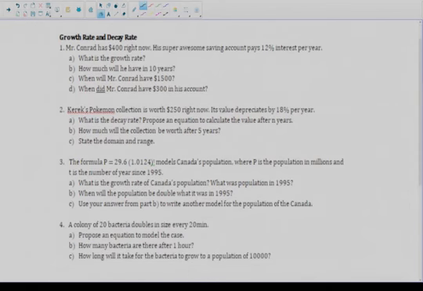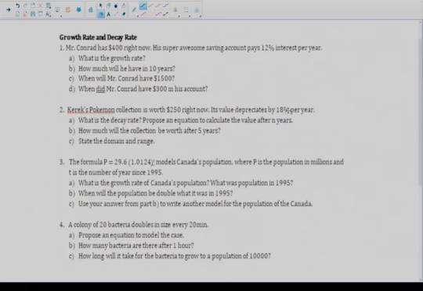Okay. So I just want to read through a few of them. We're starting to run out of time here, for what I like to go for my time limit, I should say. So Carrick's Pokemon collection is worth $250 right now. Its value depreciates by 18%. So this one was an increasing example. 2 is a decreasing example.